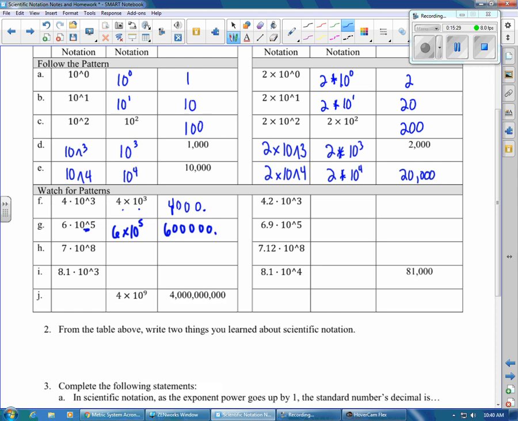So why don't you pause the video and see if you can do 7 times 10 caret 8, filling in the other 2 blanks, and then come back and check your work.